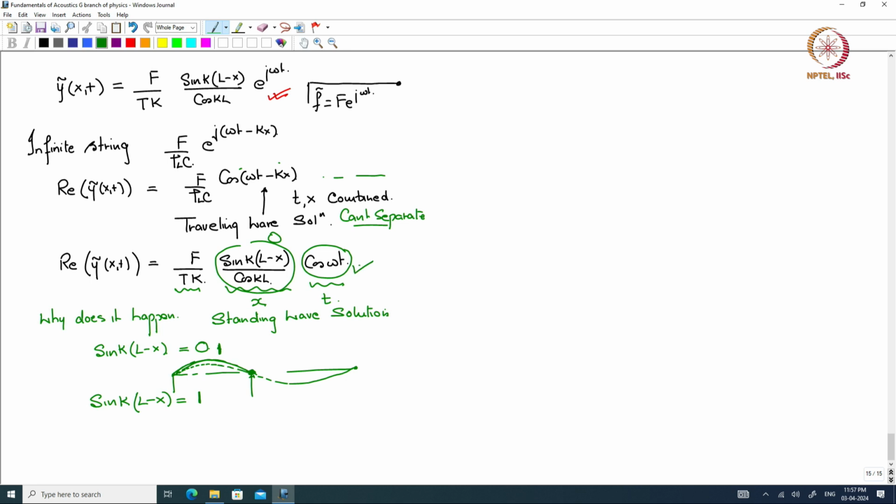As cos omega t changes, it is multiplied by this amplitude, and as this value oscillates between +1 and -1, this value will change. Similarly, if there is some sin k(L minus x) value which is -1, that gets multiplied by cos omega t, and cos omega t changes from -1 to 1. So it will have a waxing and waning effect.